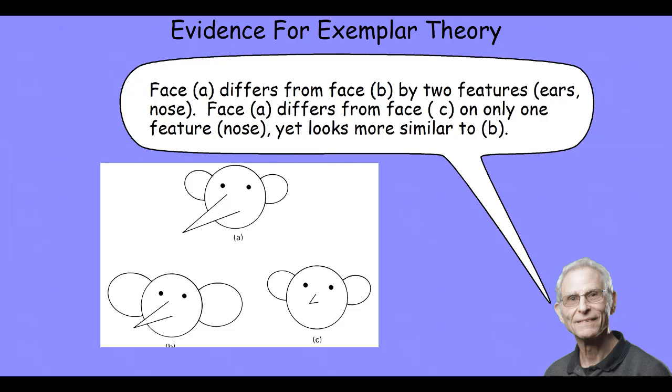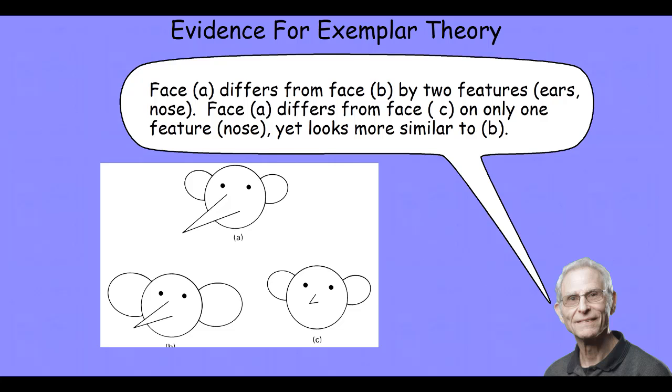Well, face A differs from face B in 2 features. The ears are smaller and the nose is larger. Face A differs from face C only on one feature. That is, the nose is smaller, but the ears are the same.